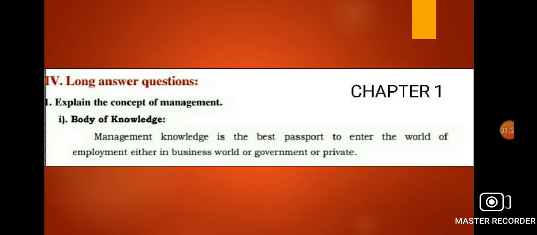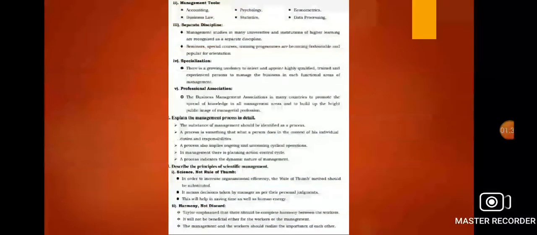Management has now developed into a specialized body of management theory and philosophy. Management literature is growing in all countries. It is known as the body of knowledge. Then second one, management tools.